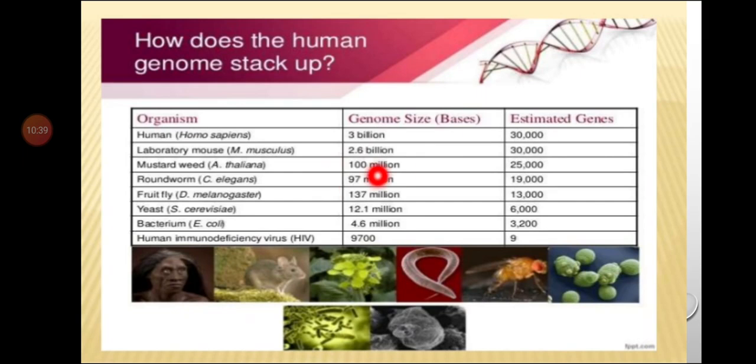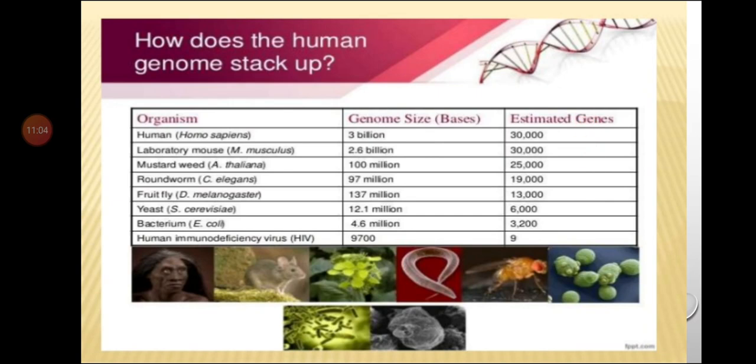Then roundworm 97 million, 19,000. Bacteria 4.6 million and estimated 3,200. But you do not need to study this for your exam. This is just for your knowledge. Even in the textbook it is given in this form, but there is no need to remember all these numbers for your exams. It is not much important.